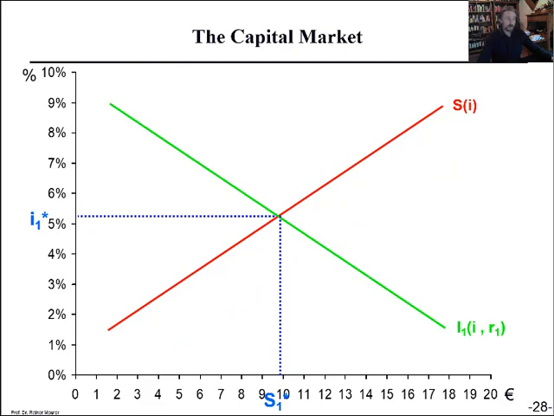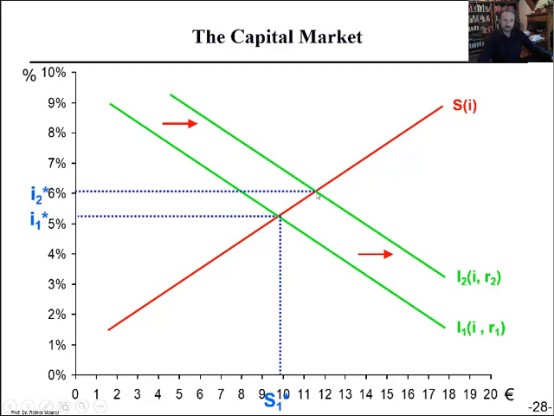Or we can also analyze how savings supply reacts if investors expect higher investment returns and increase their investment credit demand. In this case, we have to shift the investment curve to the right. This yields an intersection point now at a higher interest rate level.